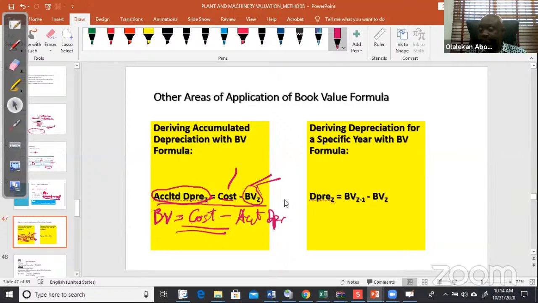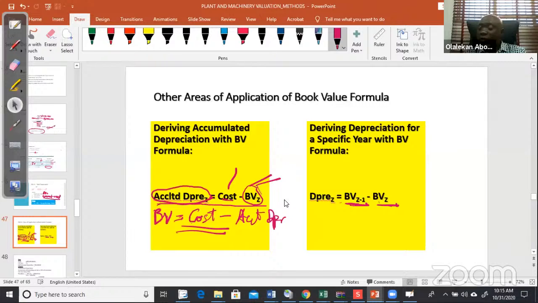It's generic. Again, if you have book value for a preceding year and book value for a succeeding year, and you subtract the book value of the succeeding year from that of the preceding year, you will have the depreciation for that particular succeeding year. For example, you have book value for year 4 and book value for year 3.